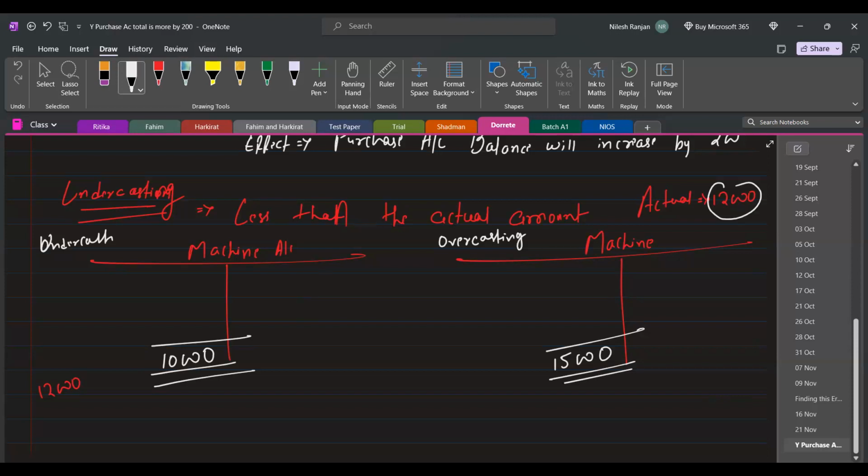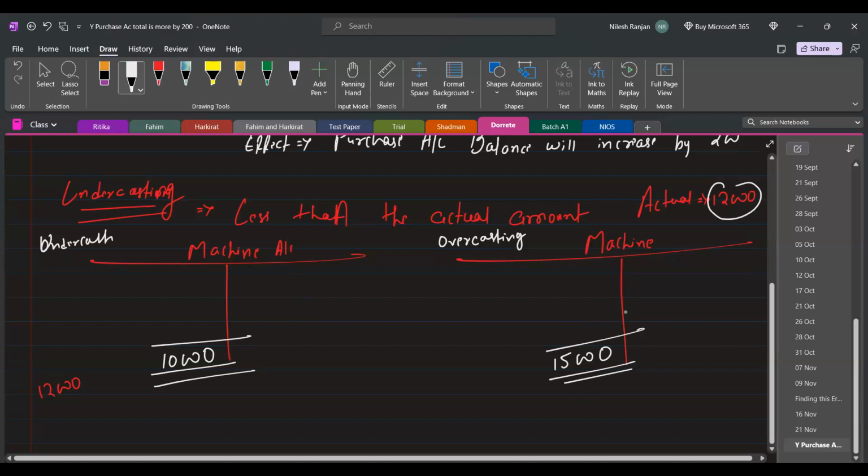And in overcasting, I will write in the opposite side, on the credit side, because the error is on the debit side.